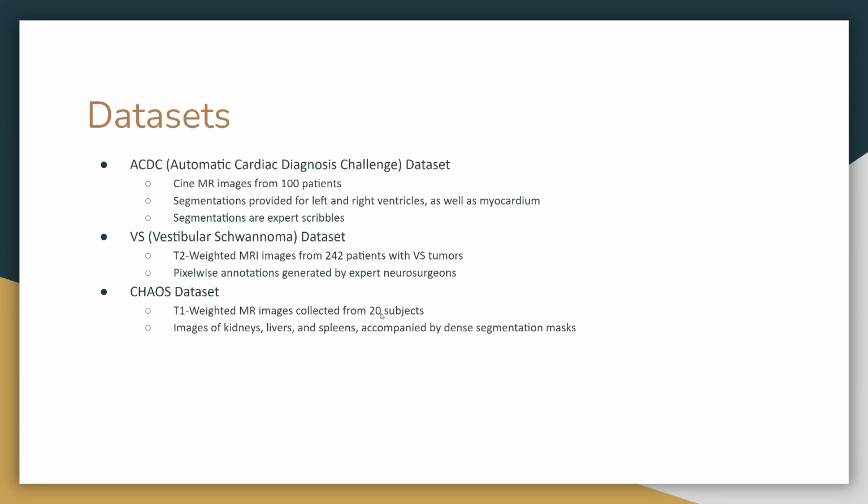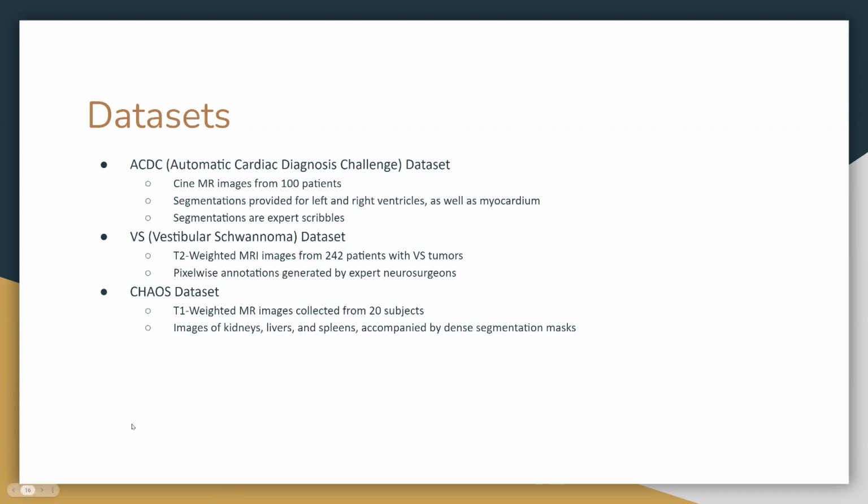The data sets they used were these three: the automatic cardiac diagnosis challenge data set, where they use cine MR images from 100 patients with segmentations provided for left and right ventricles of the heart, as well as the myocardium. And the segmentations were provided by experts, but they were just scribbles.